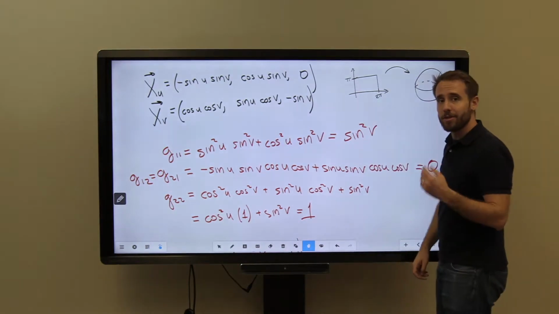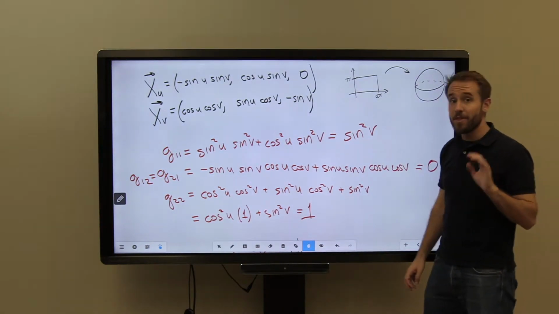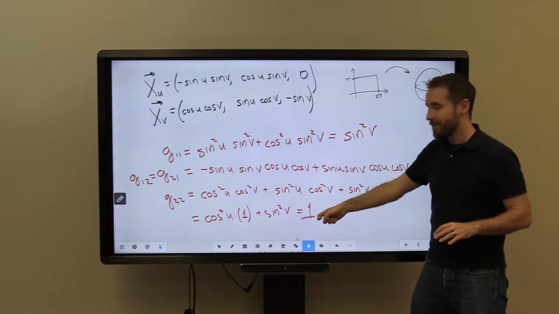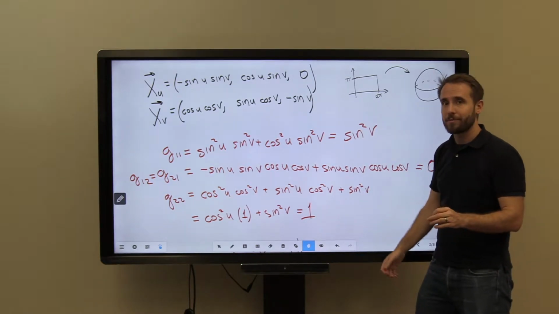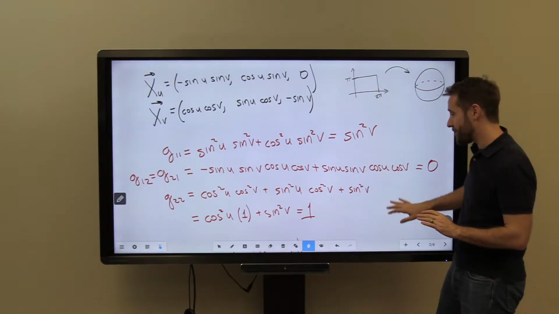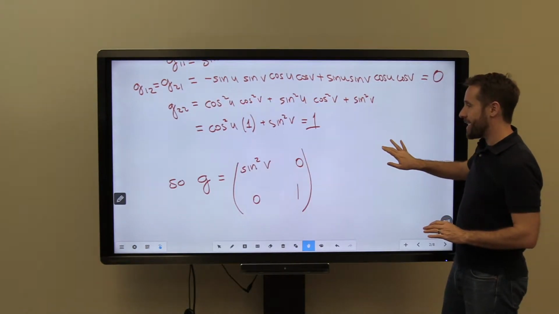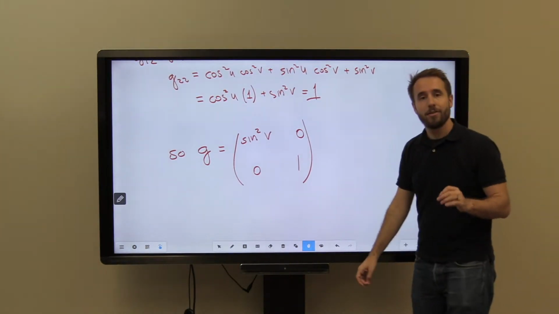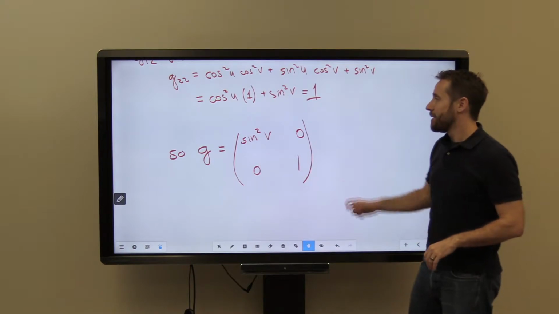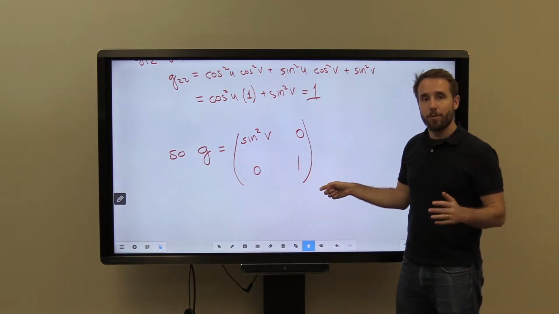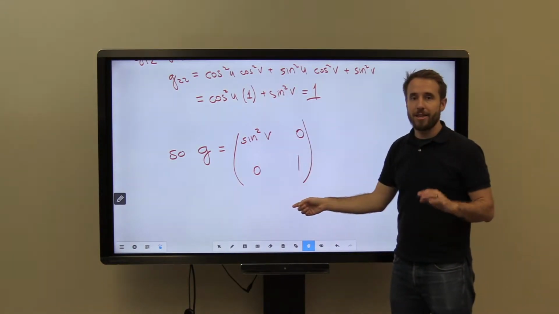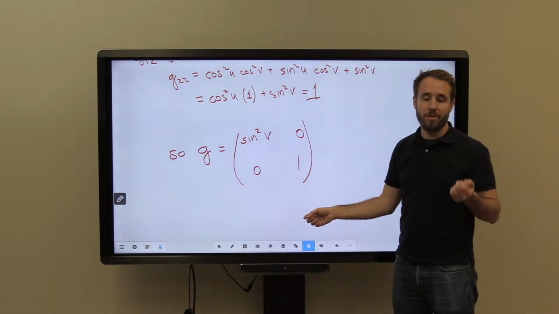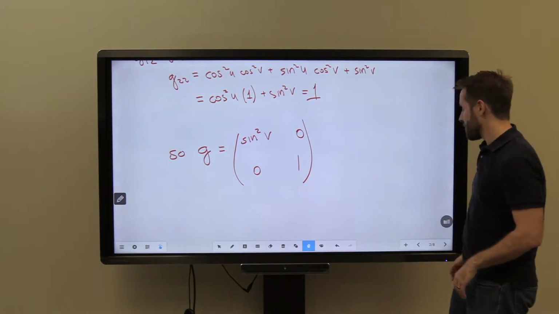And again, there's going to be some excellent cancellation because of the Pythagorean identity. This will all simplify down to 1. So when the dust settles, we see that our matrix G, our first fundamental form, takes on this form, right? And this is the associated matrix for this parameterization of the sphere.